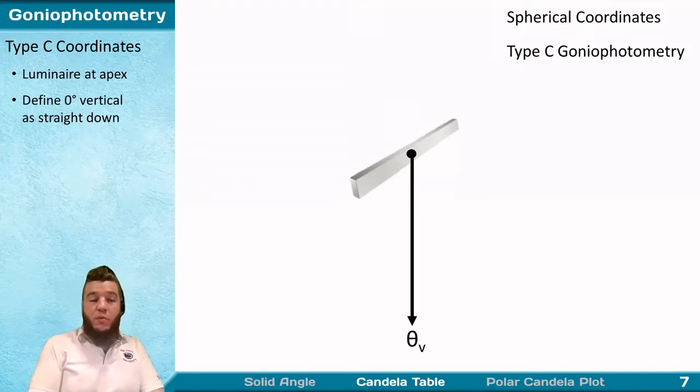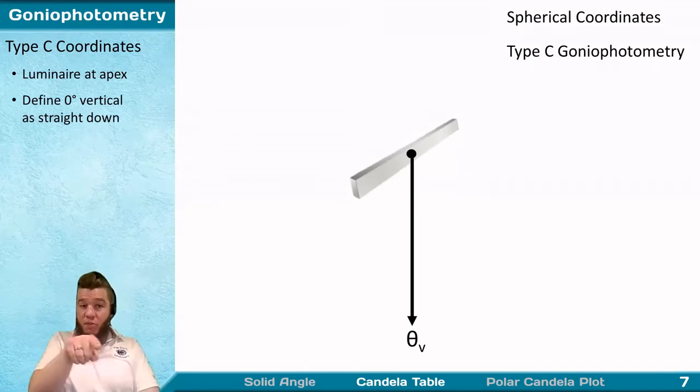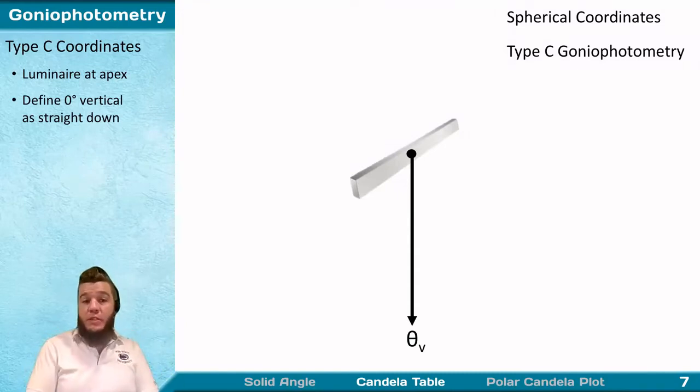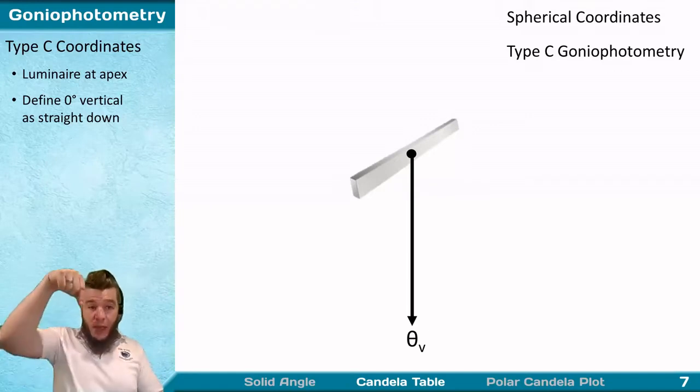The exception to this would be spotlights, which is going to be straight out from the face of the spotlight. But of course, that could still be down and often still is. So for typical architectural luminaires, they're going to be ceiling mounted. They do have an orientation, and so it's very straightforward to define zero vertical as straight down towards the floor.